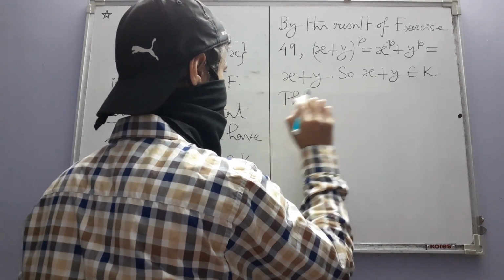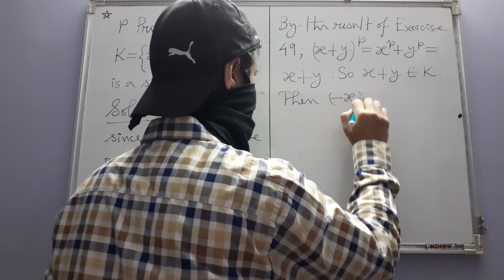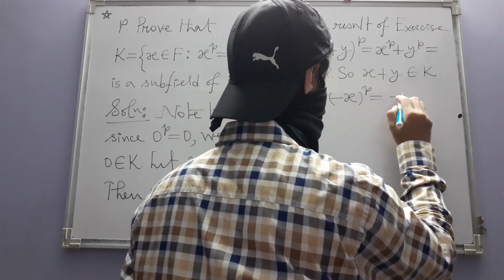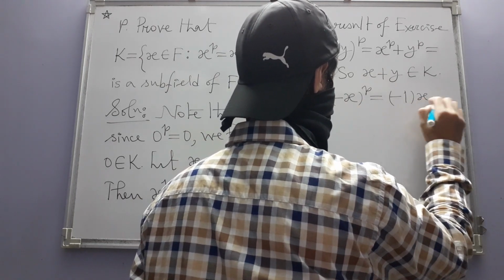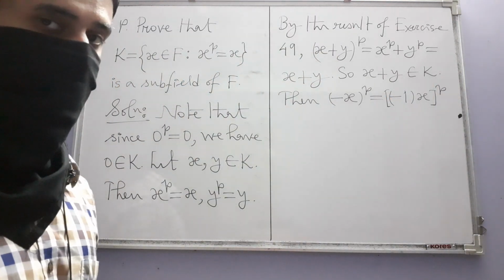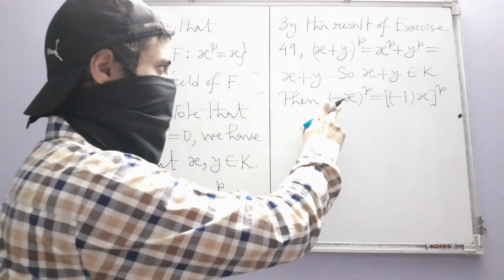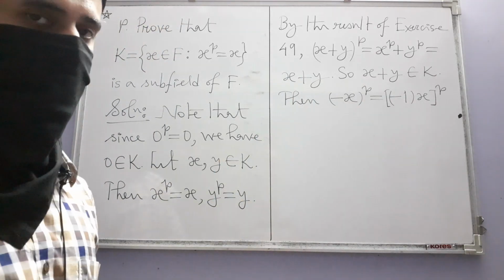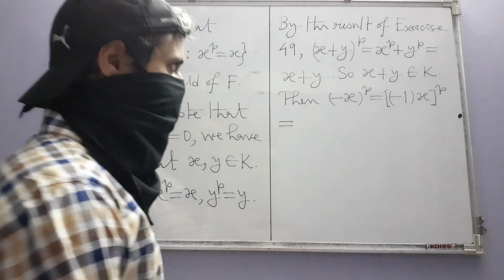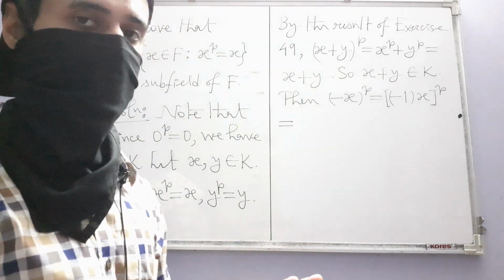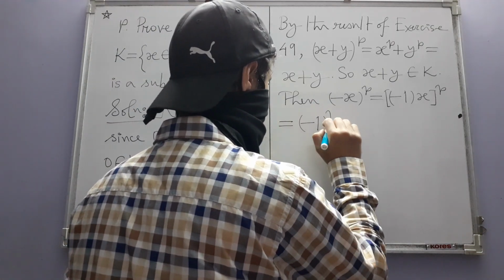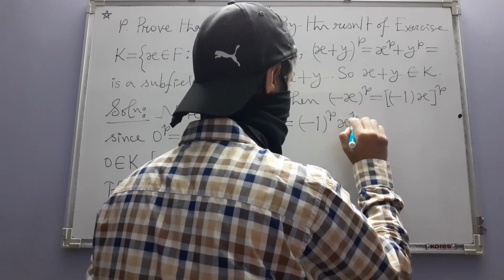Then what is the pth power of minus x? Well, minus x can also be thought of as minus 1 times x, because we are in a field which after all is a ring, and when a ring has a unity, then minus x becomes equal to minus 1 times x. This is one of the ring properties. But now multiplication in a field is commutative, because of which this pth power is just the product of these two pth powers.